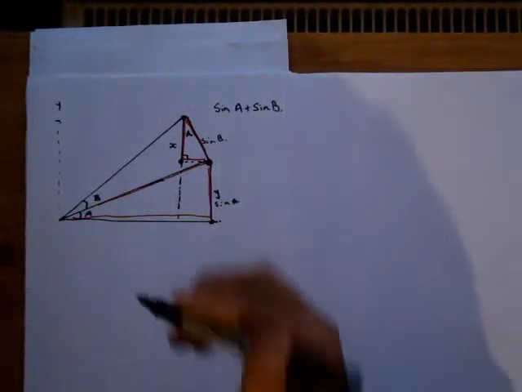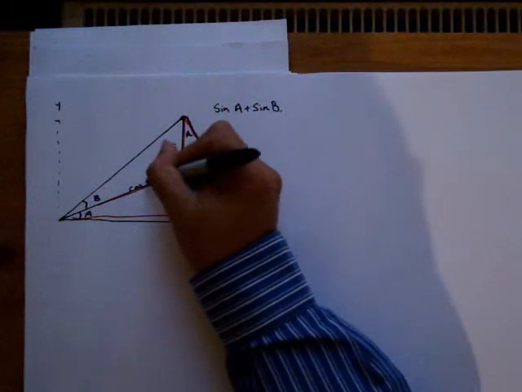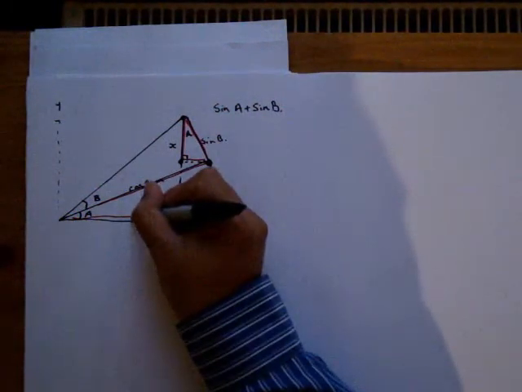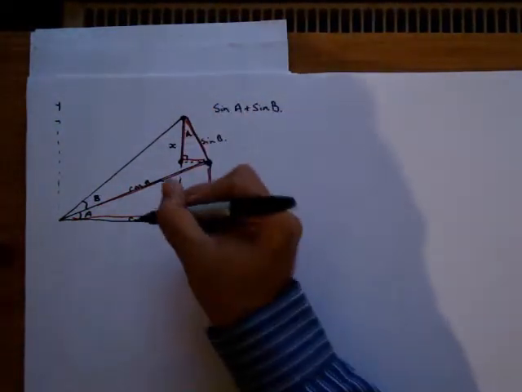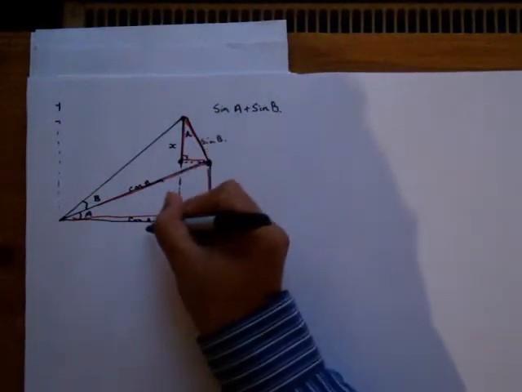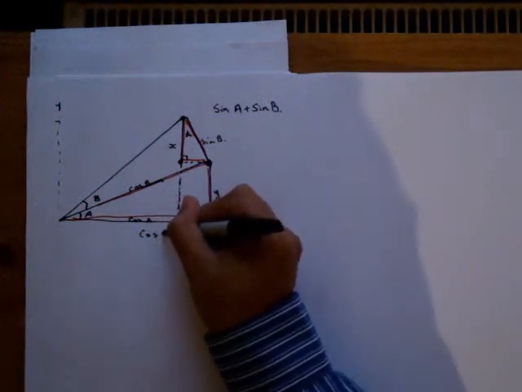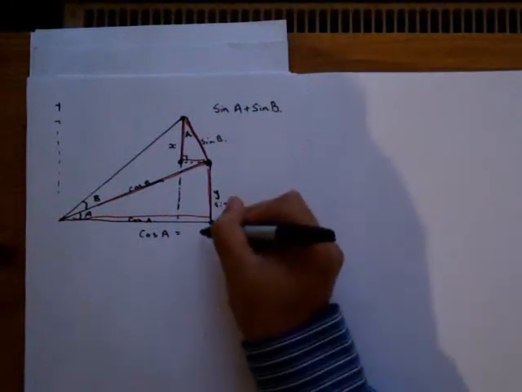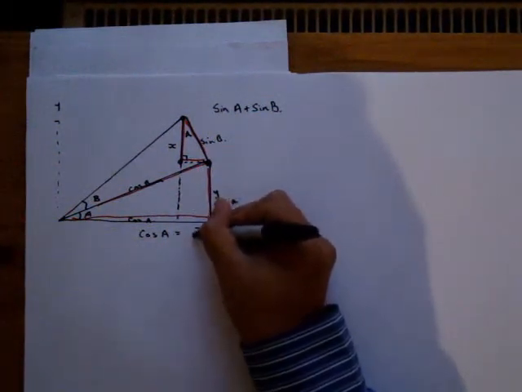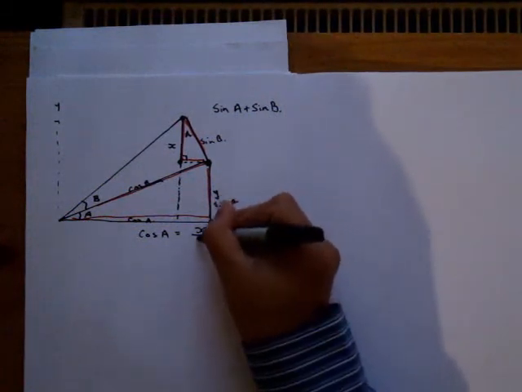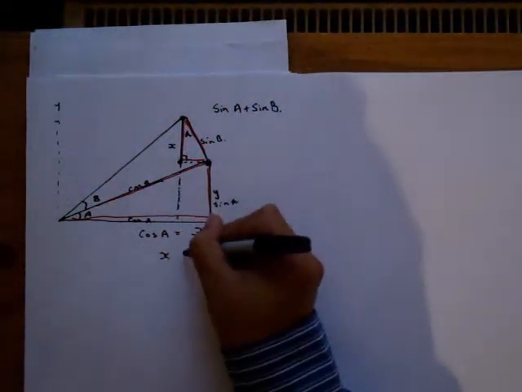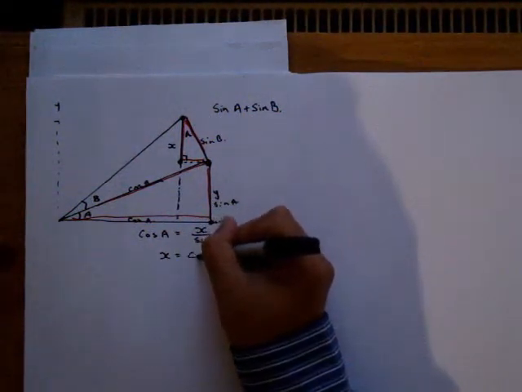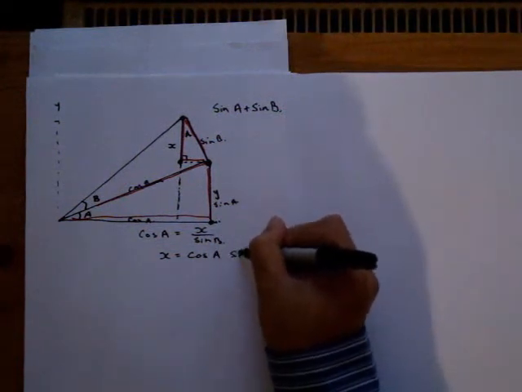So from these we get, this would be cos B and this would be cos A. So to get x, using this first triangle, we have cos A equals x over sine B. So x equals cos A sine B.